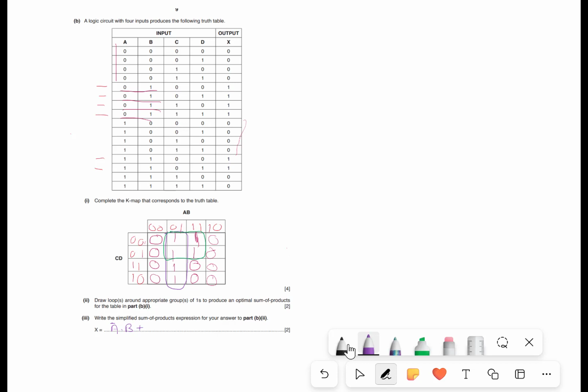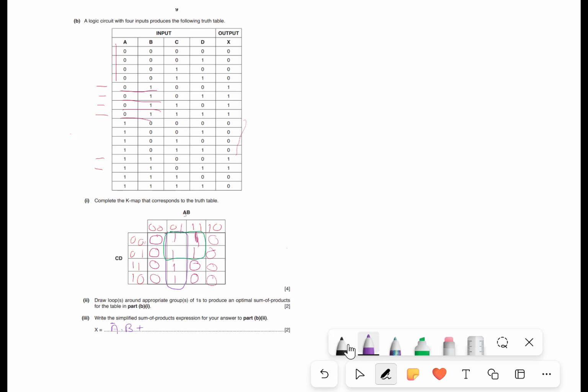Or, now let's join it with the group. We have, if A is 0 here, and let's look at the one next door to it, A is a 1, the inputs stay the same. It doesn't matter about A, because A is a 0, A is a 1, it's still giving us a 1 and a 1.